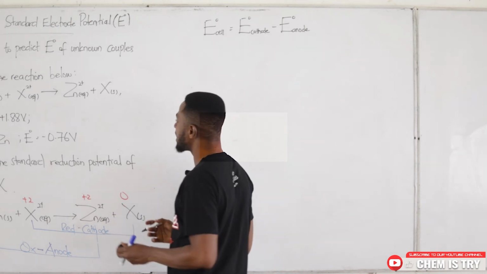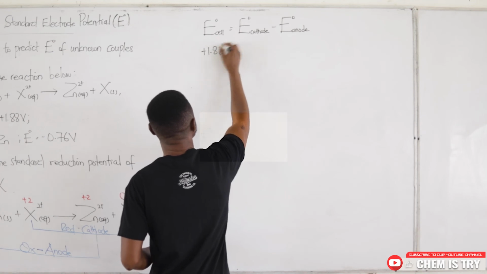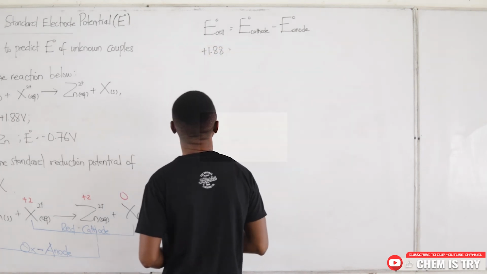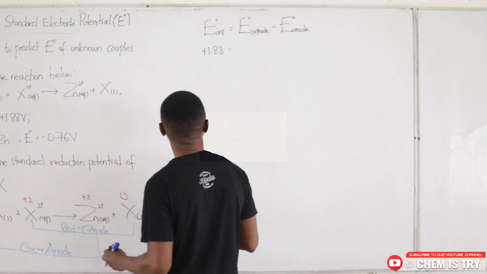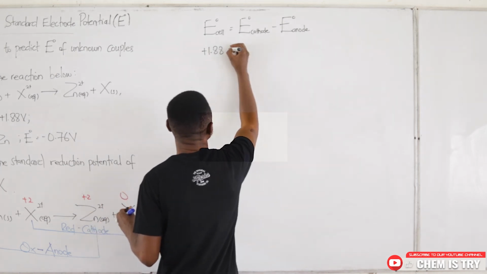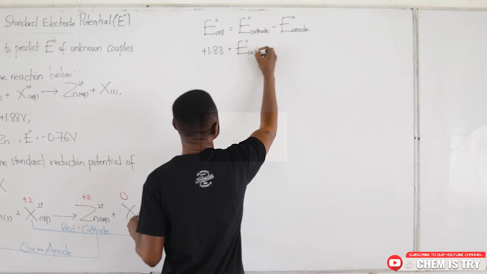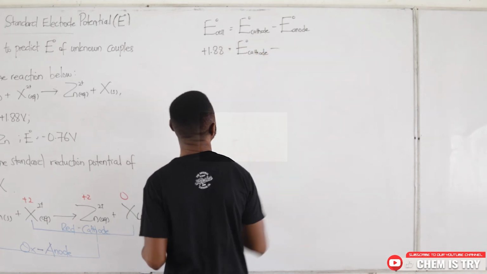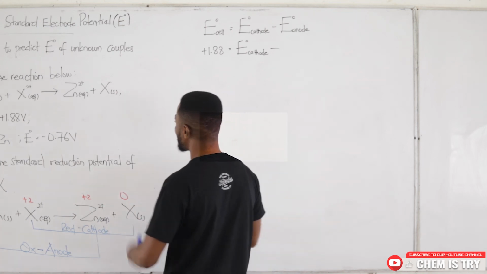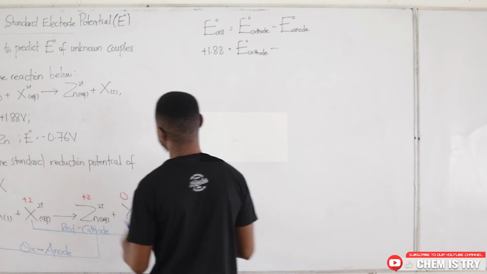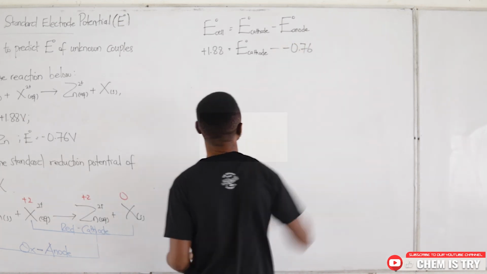And we have been given the EMF of the cell to be positive 1.88 volts. Our cathode is supposed to be the X couple, whose standard reduction potential value we don't know, and it is what we are looking for. But our anode is our zinc half cell, and we have been given its standard reduction potential value as negative 0.76 volts.